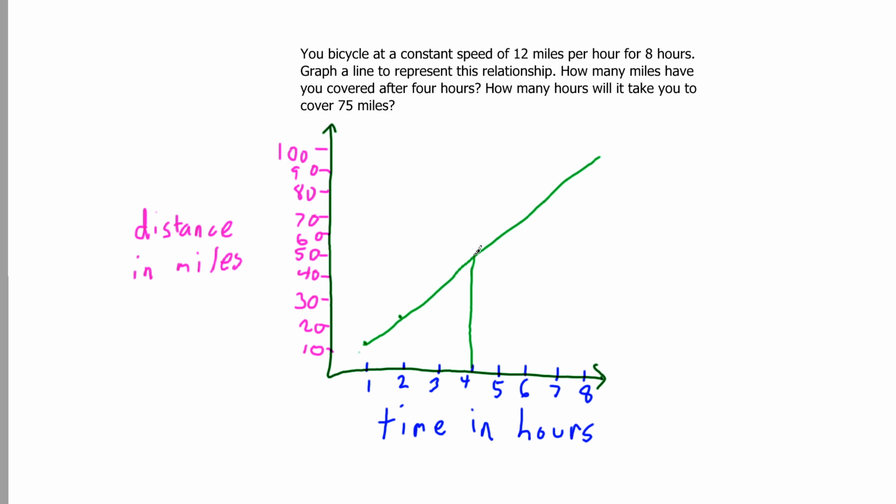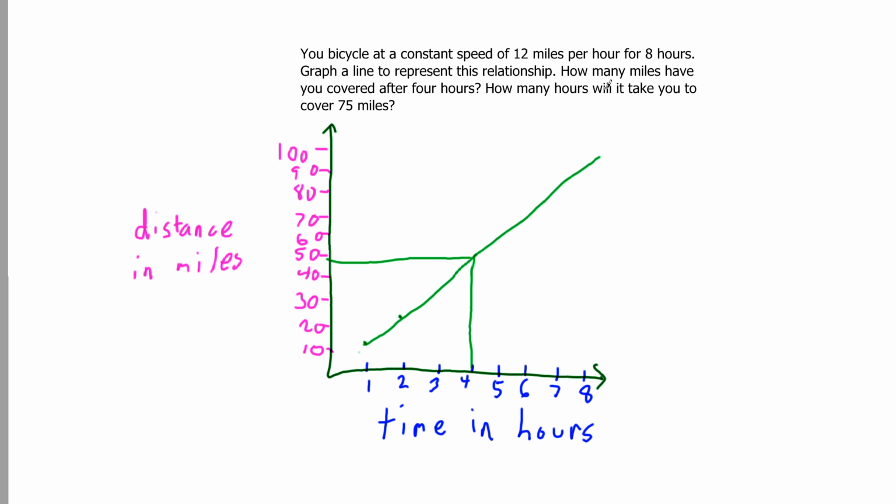And we intersect the line here, and then we go straight over to the y-axis, and it will tell us how many miles we've traveled. So it's almost 50. It's a little bit less than 50. And if it's a multiple choice question, we'll just choose the answer that's closest to high 40s, almost 50.